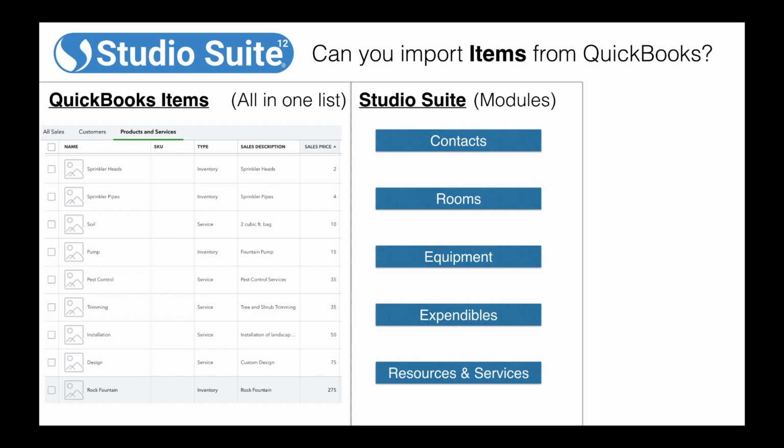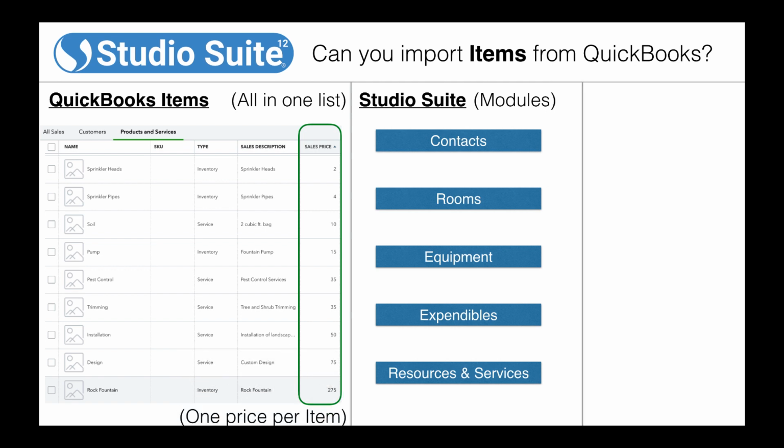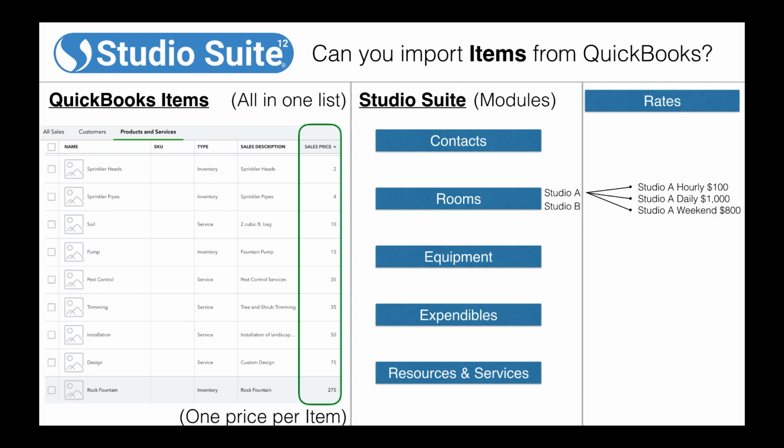To make it a little trickier, though, you'll notice that in QuickBooks, there's essentially one price for each item. Whereas in Studio Suite, we have a separate rates module, and this allows each resource to have multiple rates. For example, Studio A could have 3 rates, maybe an hourly rate for 100, maybe a daily rate for 1,000, and then maybe a weekend rate for 800. Of course, these prices are just random prices.